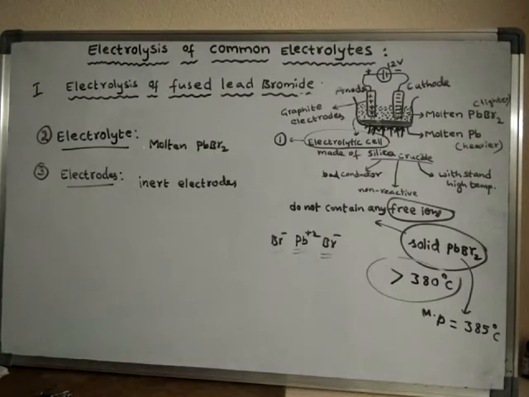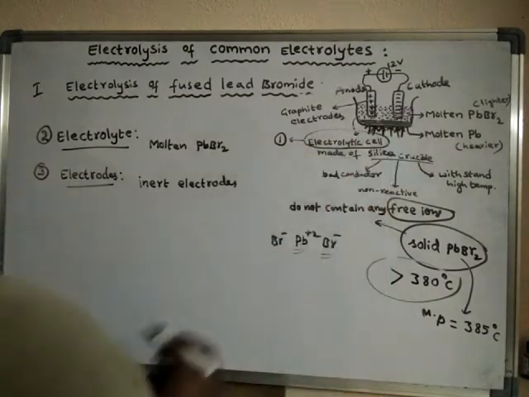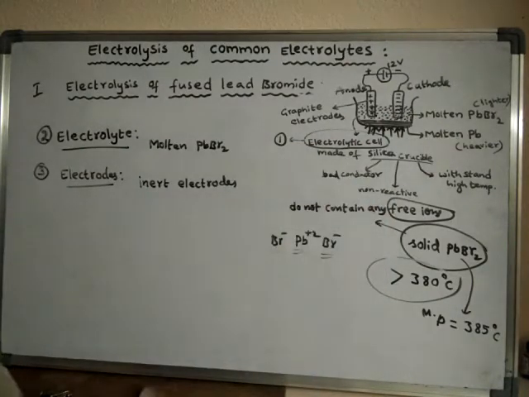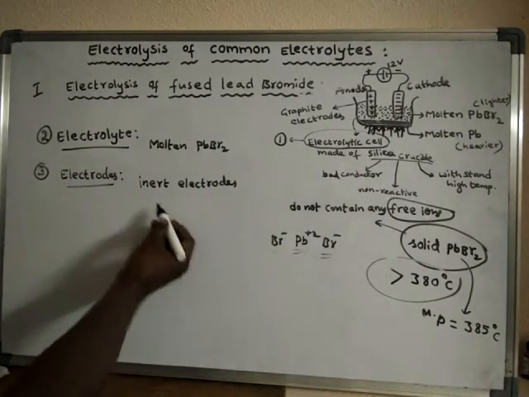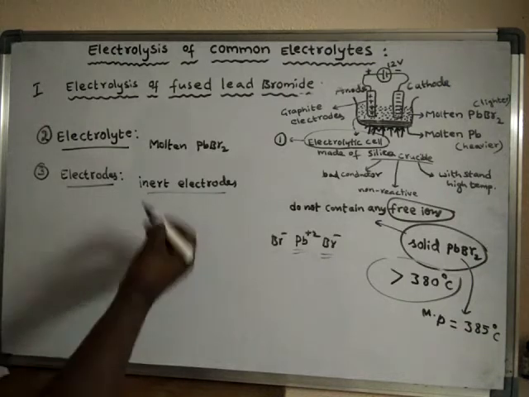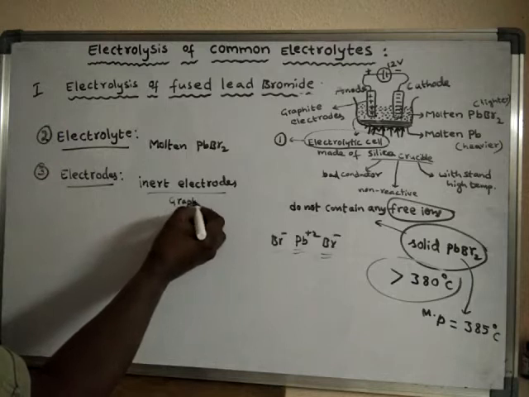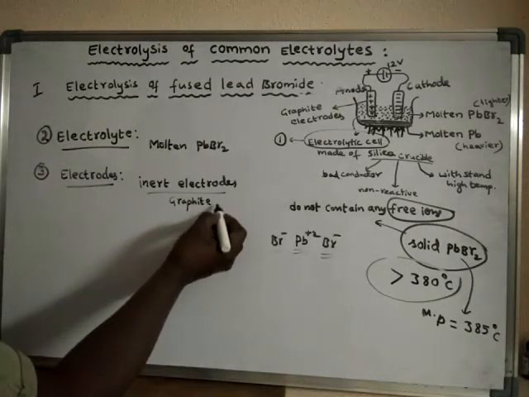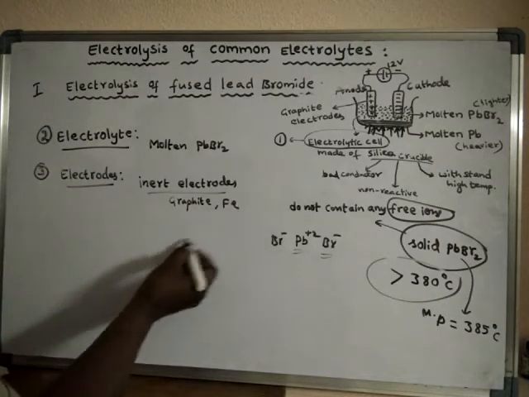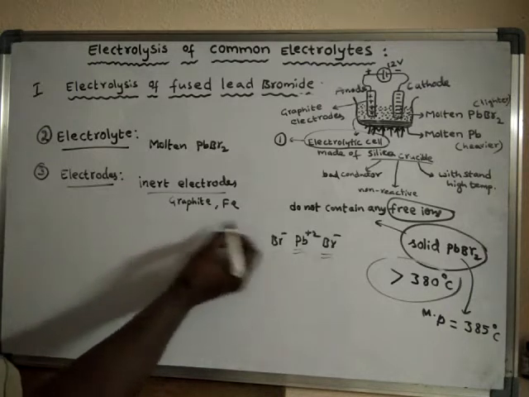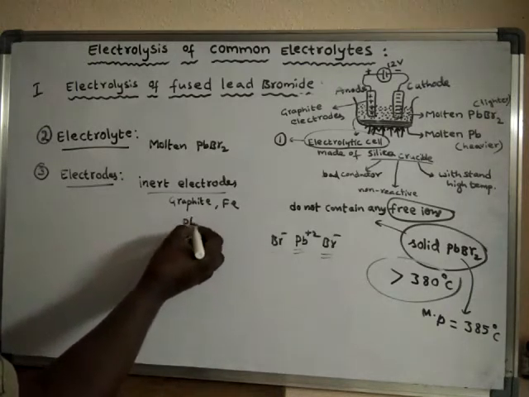That means both the cathode and anode are made of inert electrodes. Inert electrodes may be graphite, or iron, or even platinum electrodes.